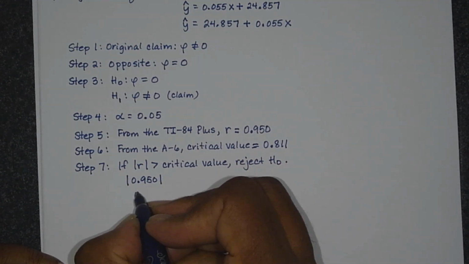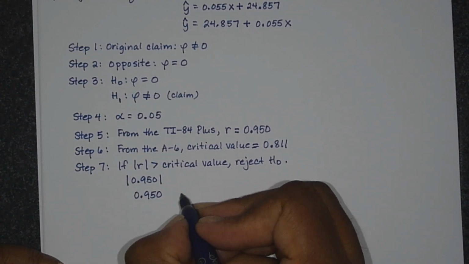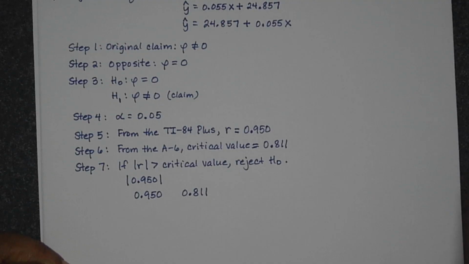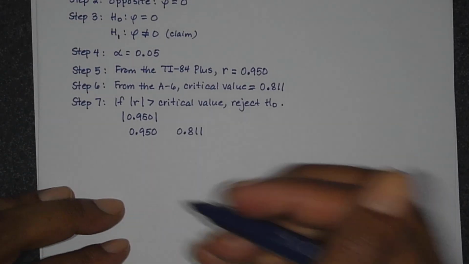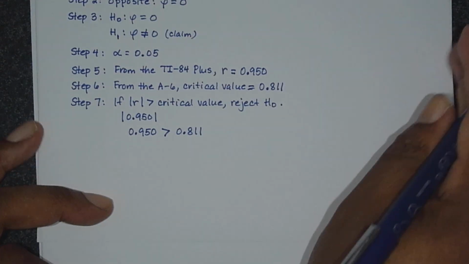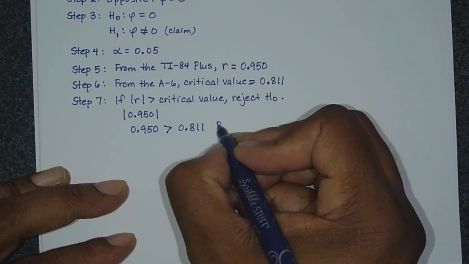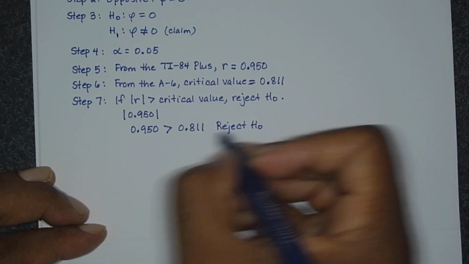And of course, the absolute value is positive, so it'll still be 0.950. The critical value is 0.811. Is that less than or greater than? Greater than. So we need to reject, because it does satisfy the decision rule. So that means we need to reject the null hypothesis.